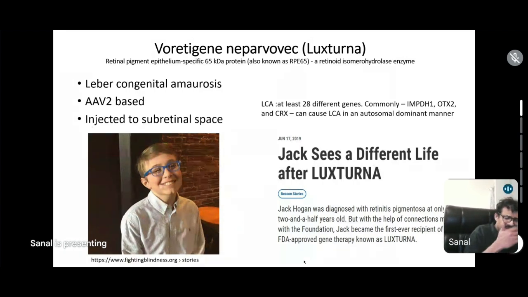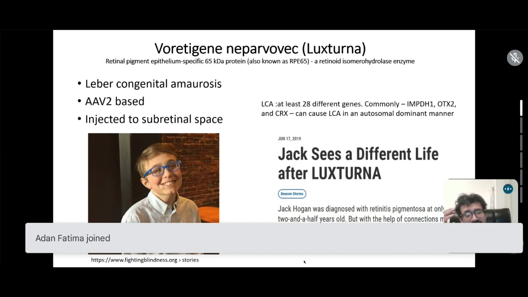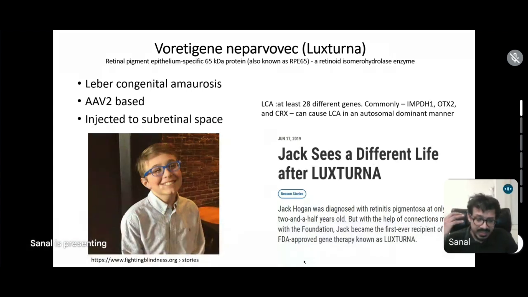And the gene involved is quite important in the proper function of the photoreceptor cells. You know that retinoids are important in photoreception.